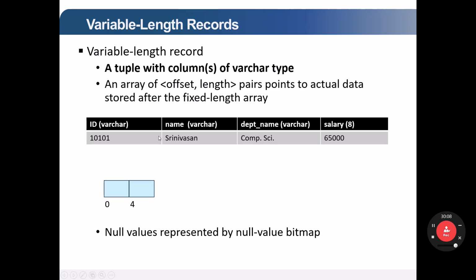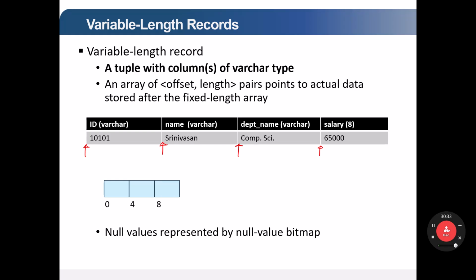So what do we do? We need to keep track of the starting offset of these 3 variable, actually the last one as well. No? Oh, no, we don't need to do that.